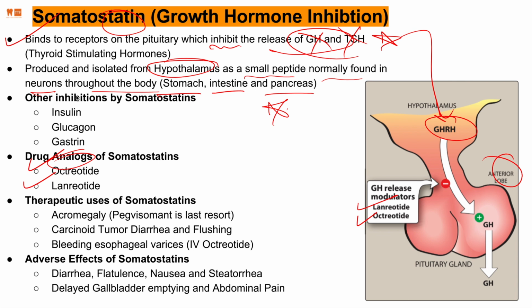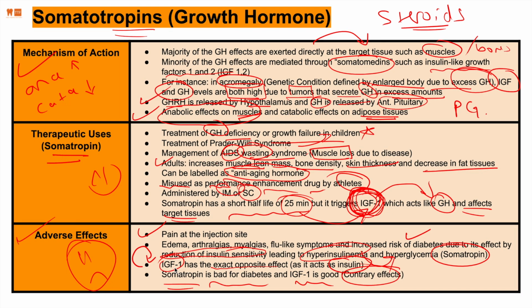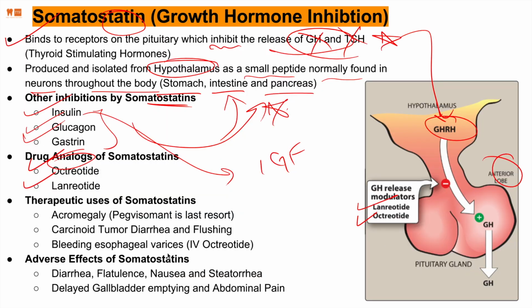Other inhibitors that statins focus on: insulin is inhibited, glucagon is inhibited, gastrin is inhibited. These are all pancreatic and intestinal hormones. When insulin is inhibited, there's a chance of hyperglycemia. Remember the IGF, insulin-like factor, right down here, IGF.